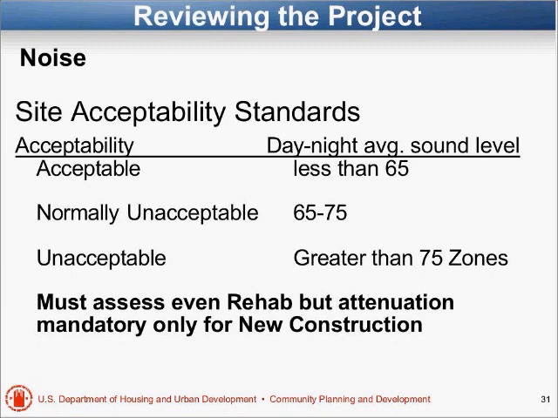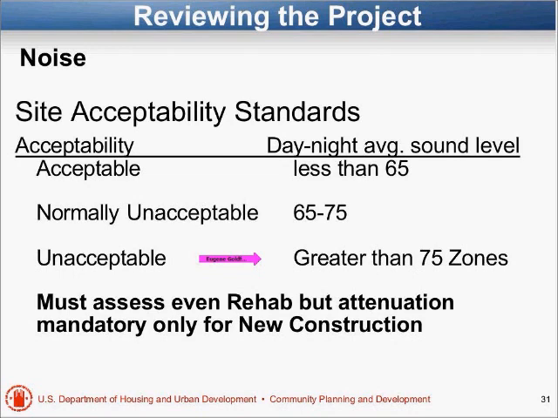If you're anywhere near a railroad or a highway, you're probably going to be in this normally unacceptable range, which is not a big deal. Most of us nowadays use double glazed windows and central air conditioning, and we can take care of it. But if we're right at the end of the airport, if we're right next to the interstate, it may be greater than 75, and maybe a residential land use is not the best land use for that parcel of land.